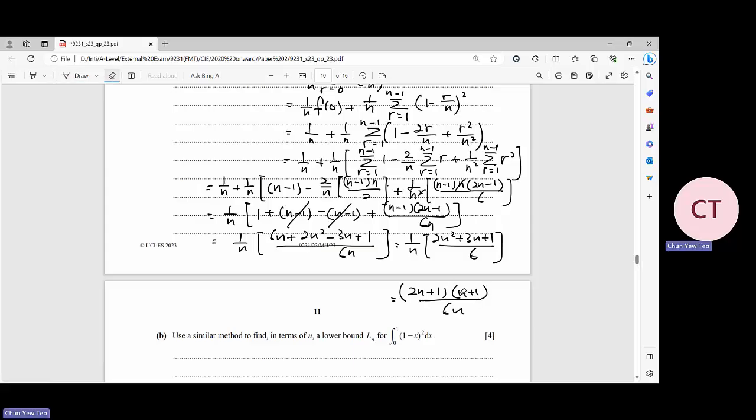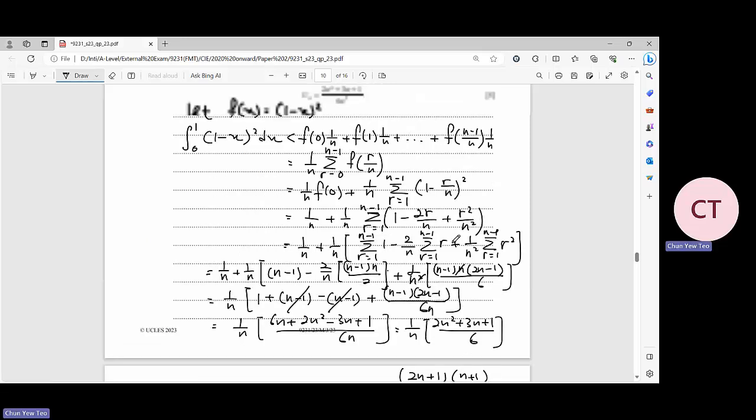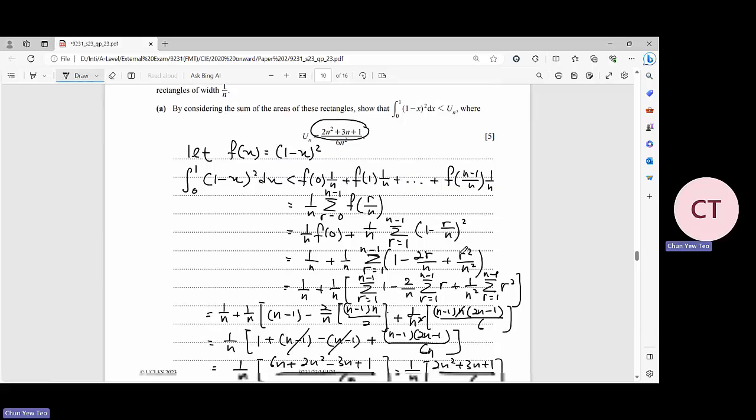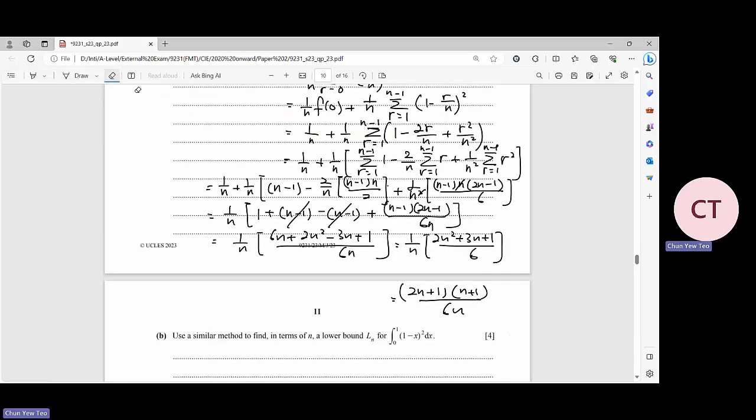So this is what we have shown. Oh, by the way, the question didn't require us to factorize it. We can just leave it as it is. So this one, just leave it as it is. Then you will get this as a 2n squared plus 3n plus 1 over the 6n shown.